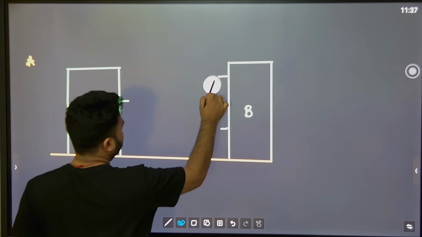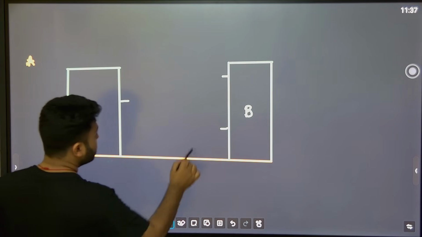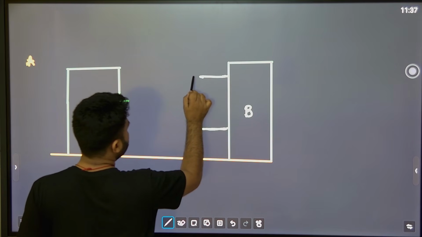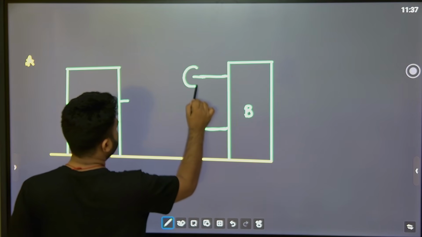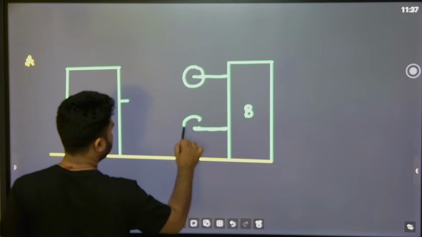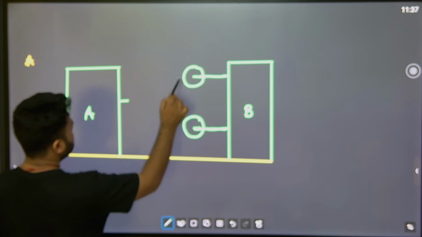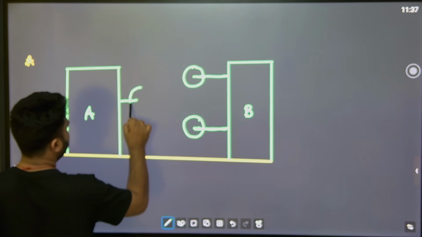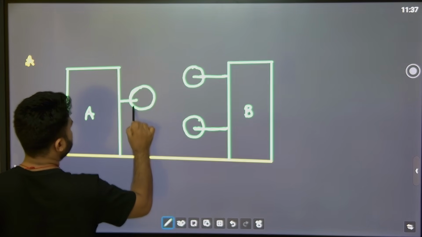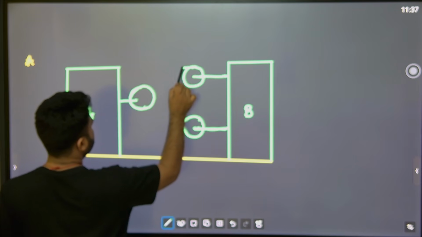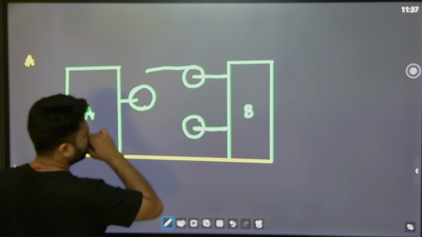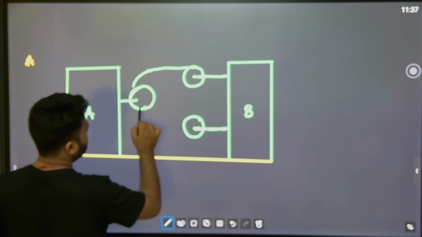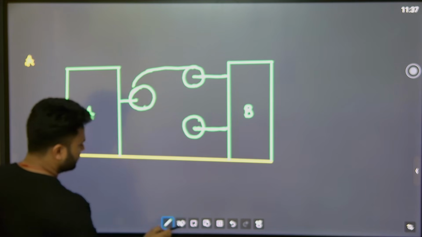Let me draw a little bit clearer. Or wait.